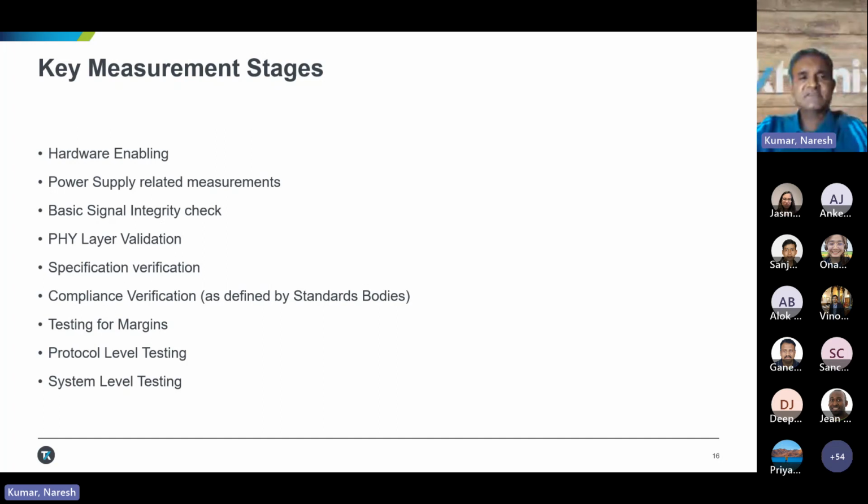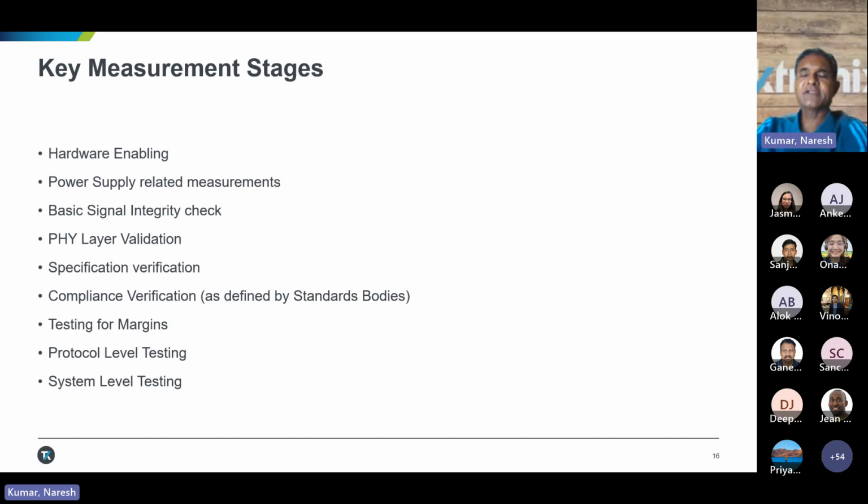Now, next comes the 5-layer validation. Now, what does a 5-layer validation mean? Here you are going to test your device or your board against all the specifications which have been defined by the standards body, right? Now, this is validation. Does it mean compliance? Compliance is slightly different.